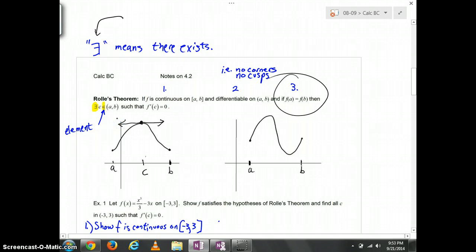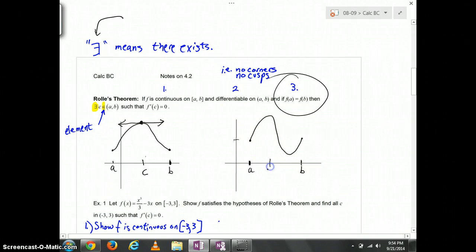Remember, a derivative is representing the slope of a tangent line. Take a look at the second picture. Our function is continuous on that closed interval. No corners, no cusps, no vertical tangent lines. Our derivative would exist everywhere on the open interval. And let's also assume that whatever f of a is, that's also what f of b is. There will exist some x value.